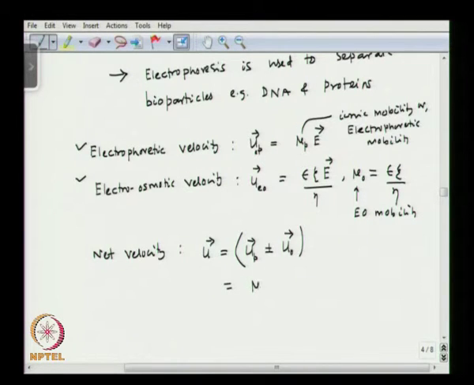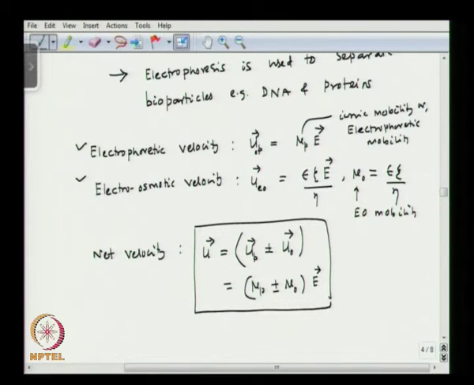So this will be mu_p plus mu_0 into electric field, okay. Now let us consider this example.